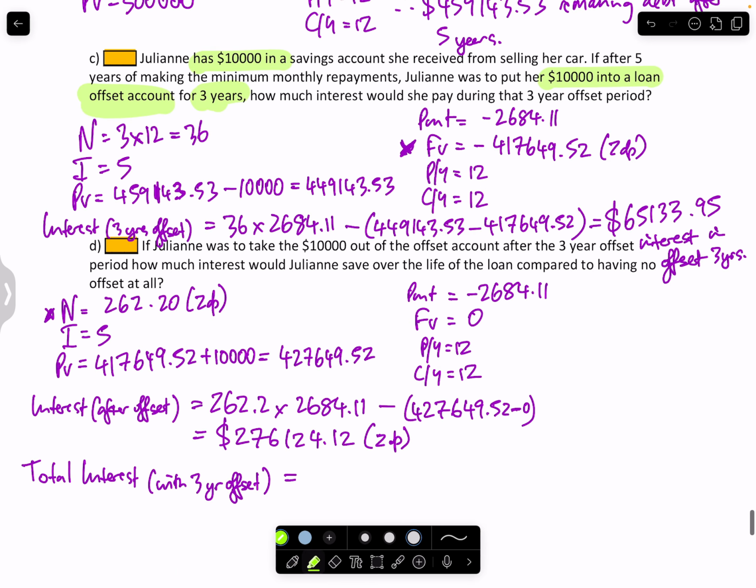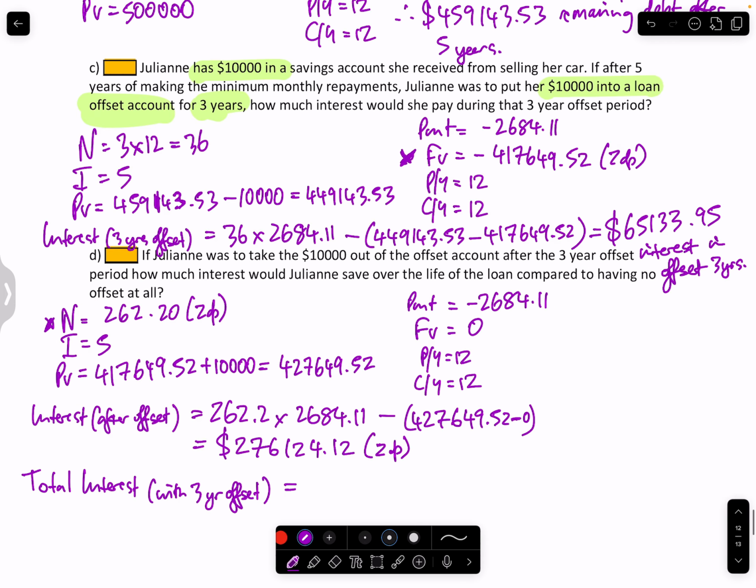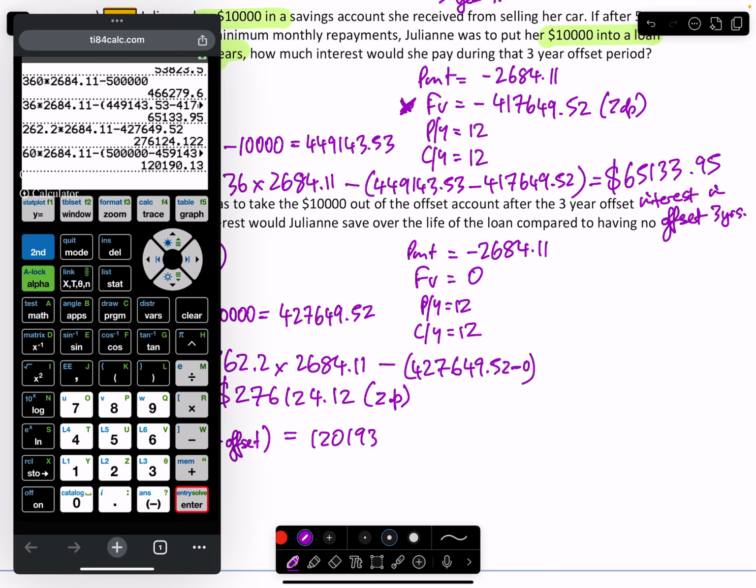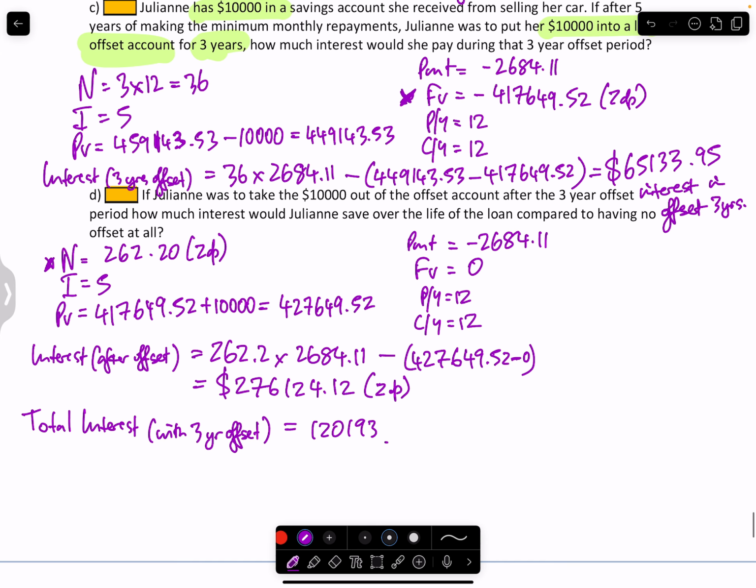So now we can total them up. First 5 years, 120,190.13, plus the interest during the offset, which was 65,133.95, plus the interest after the offset, 276,124.12.